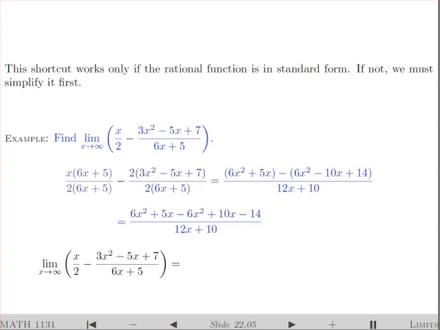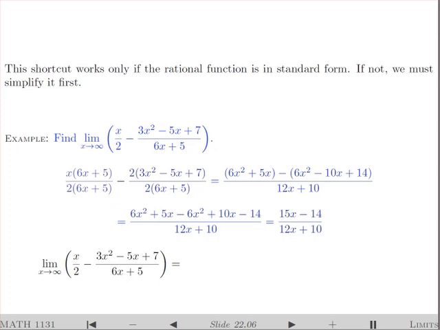I can combine the x squared terms. 6x squared minus 6x squared is 0. And I can also combine the x terms. 5x plus 10x is 15x. So I get 15x minus 14 over 12x plus 10. This is the same rational function as before, but written in standard form.